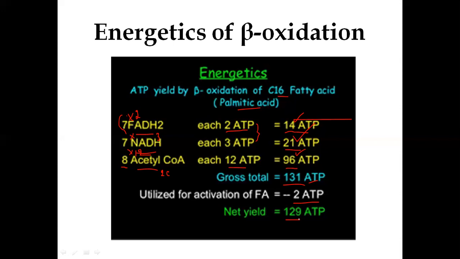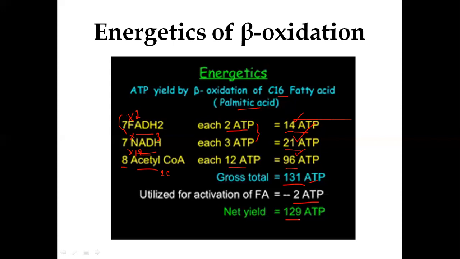To calculate the energetics, you should know how many molecules of the reducing powers like FADH2 and NADH2 are formed, and you will know the standard ATP molecules for every molecule of FADH2. Put that in and cross multiply it. You will get the gross total of ATP molecules. Then see whether there are any steps where they consume ATP molecules, and subtract it.